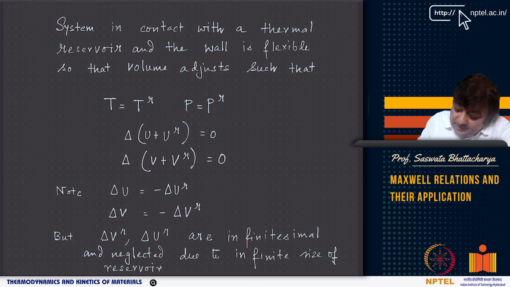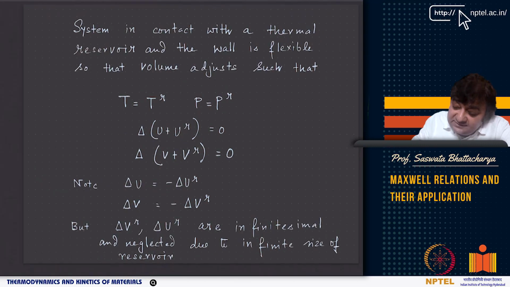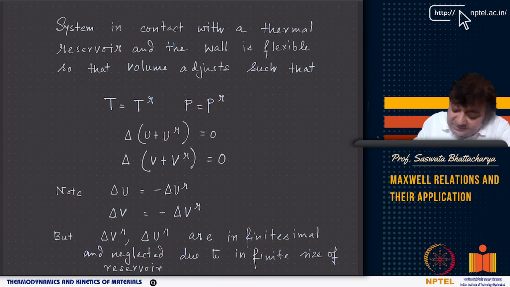Now again, let us look at this idea that you have system plus reservoir, and the system plus reservoir itself is like an isolated system. In that case, U plus UR is the total energy, and the energy is constant, right? So U plus UR for that system is equal to constant.